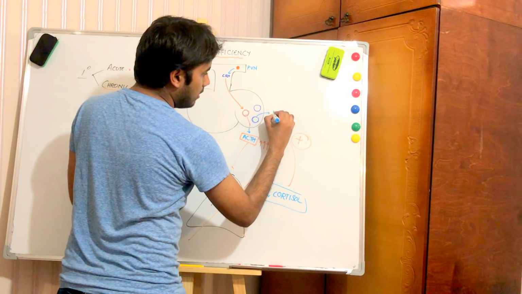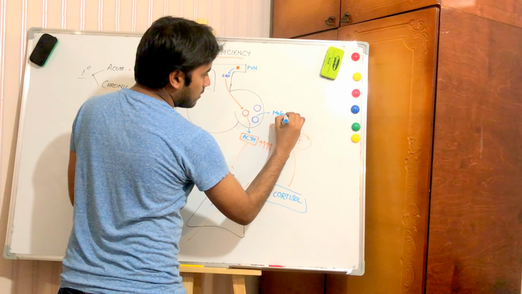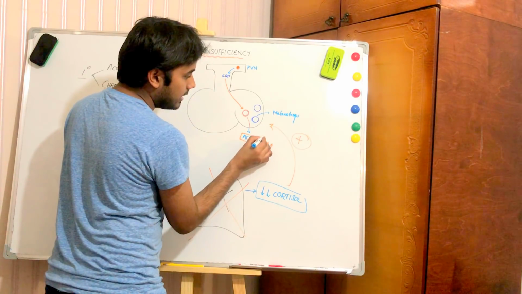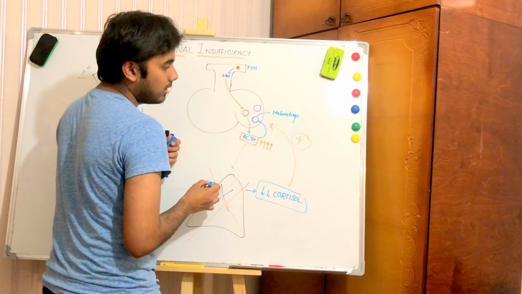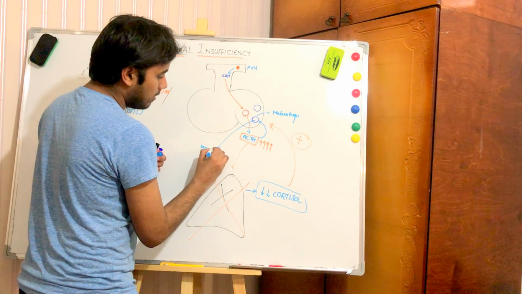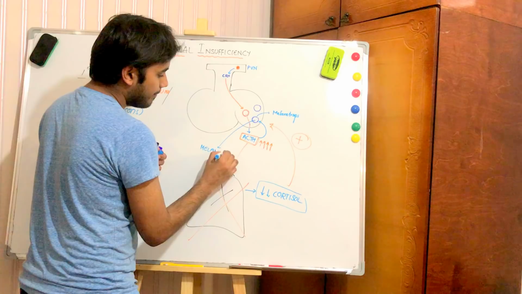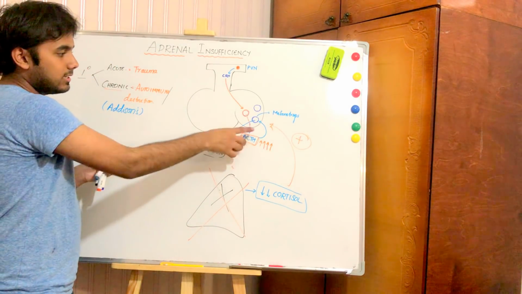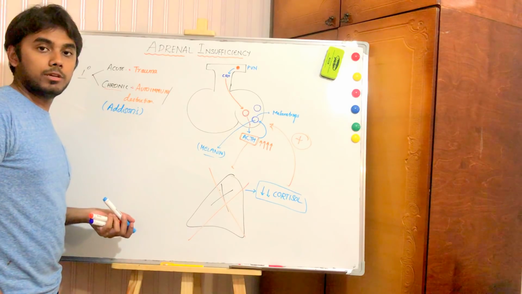Now this ACTH activates these melanotropes, and melanotropes release melanin. What is the function of melanin? Pigmentation. So increased ACTH is causing hyperpigmentation.